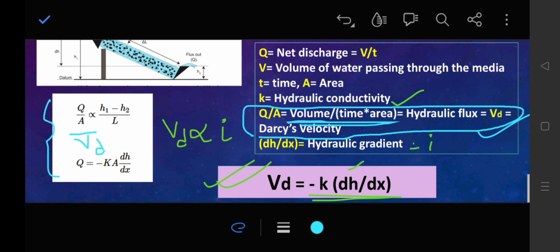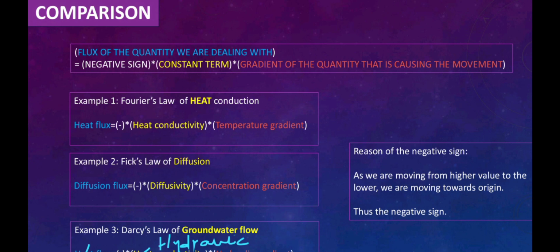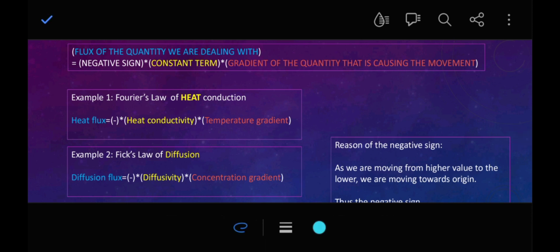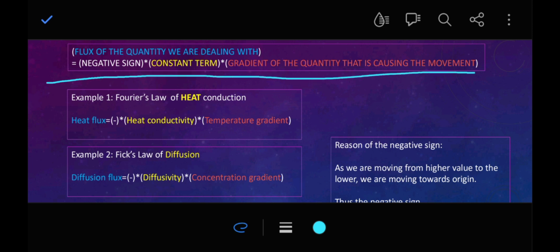Now we'll be coming to the comparison of the previous three laws. Finally, to summarize all these three formulas, we can formulate a generalized formula, which is that the flux of the quantity we are dealing with is equal to the negative of a constant term multiplied by the gradient of the quantity that is causing the movement.